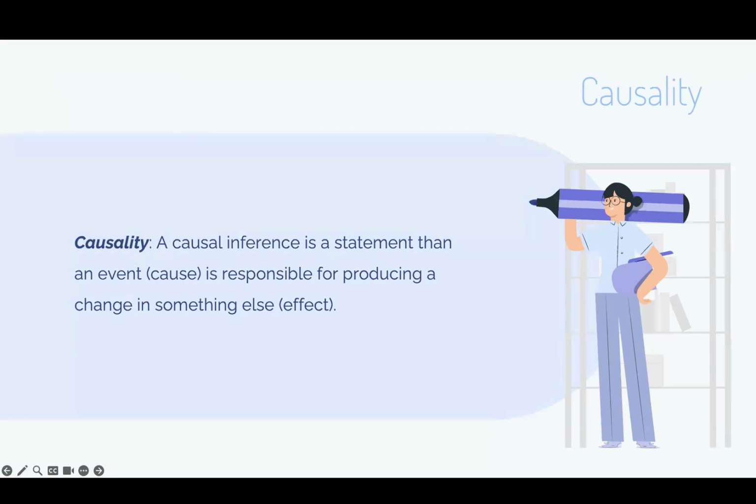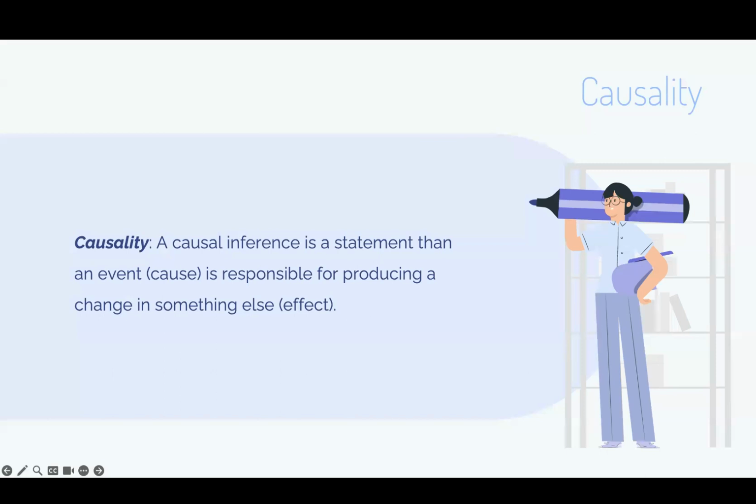We turn our attention to a fundamental concept in research methodology, causality. Causality refers to the relationship between cause and effect. It is the principle that allows us to demonstrate that one event is the result of the occurrence of another event.